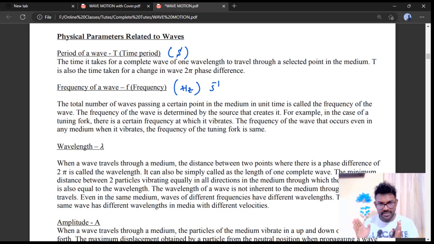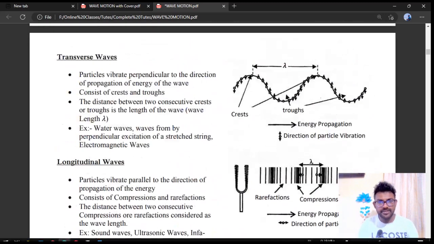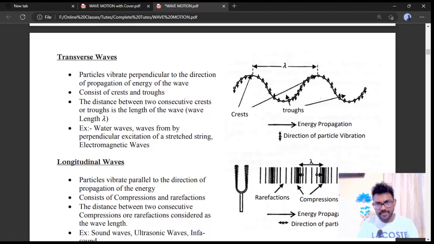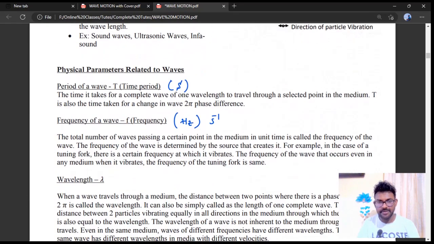We can measure the compressions more efficiently than the rarefactions, so we define the wavelength to be the distance between two compressions for a longitudinal wave. But for a transverse wave like this, the wavelength lambda is the distance between two consecutive crests or two consecutive troughs, hills or valleys, right?